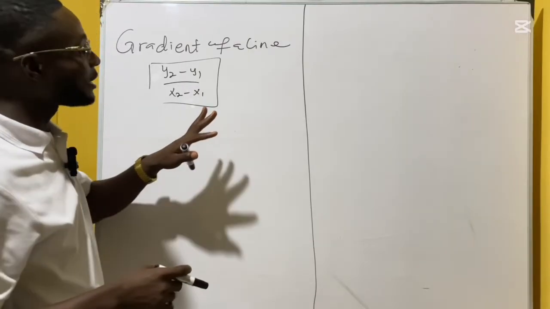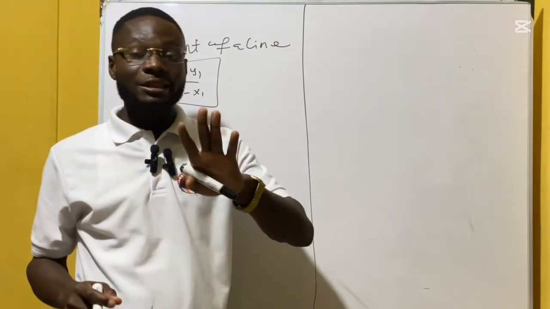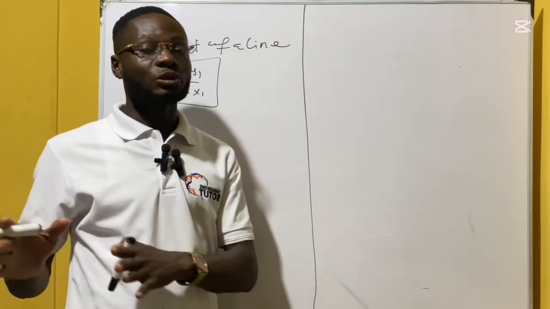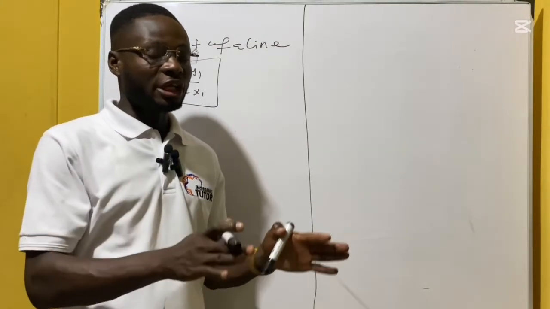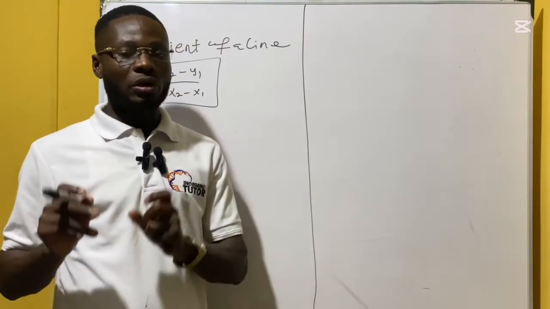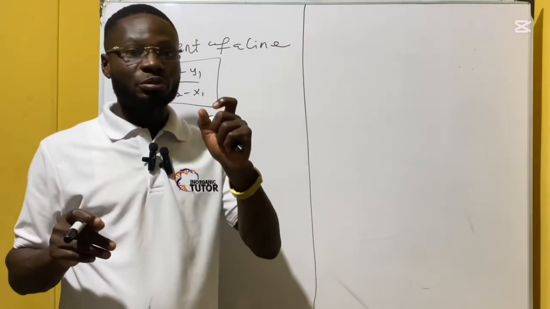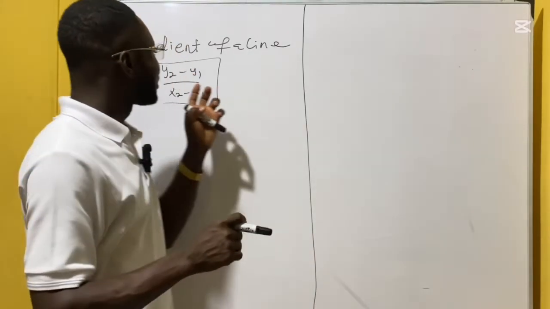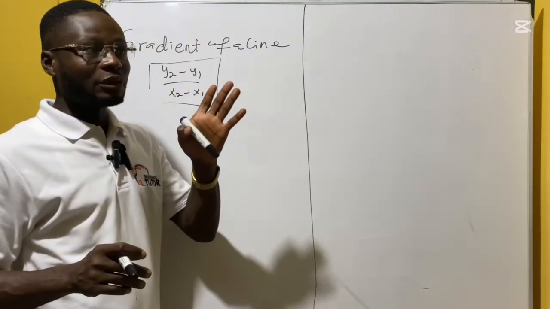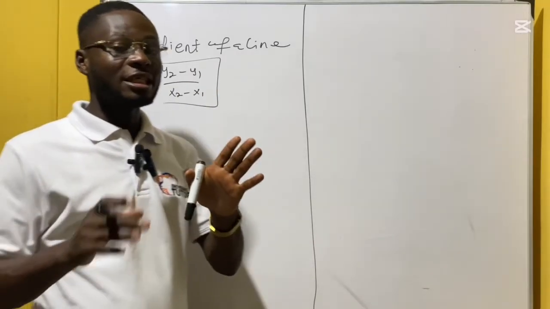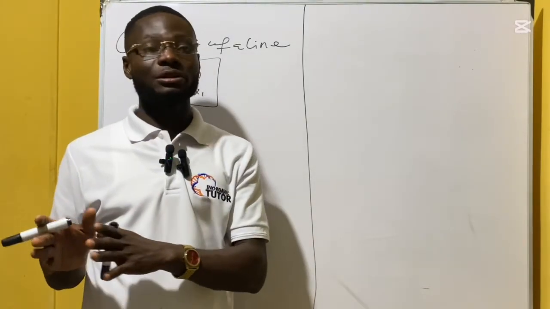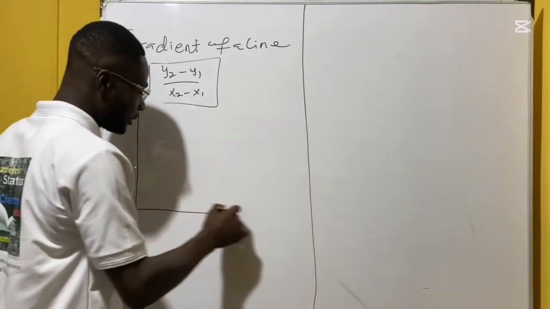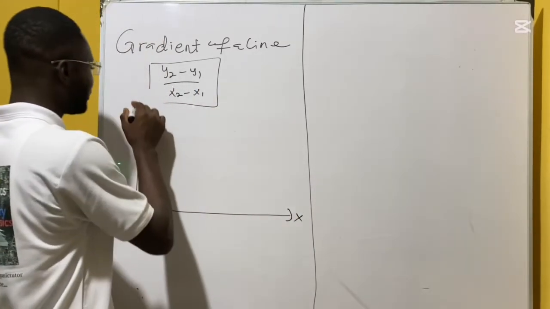Okay, so basically we are going to use this same illustration from the XY plane, obtaining the triangle on it. But this time around, we're going to make it a right angle triangle, because the gradient of a line can also be obtained in terms of an angle, right? So basically, let's illustrate our X and Y plane.